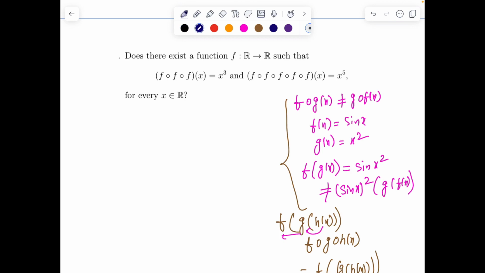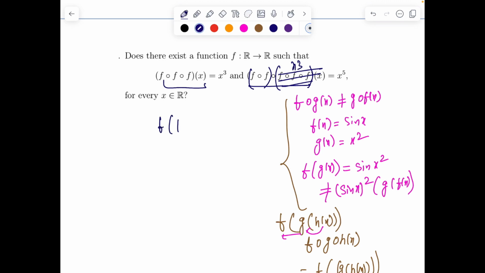So using this associativity rule, what we can do is club f of f 5 times into a partitioning of 2 and 3, right? So what I mean is we can actually club f of f first and then f of this remaining quantity, and since we know that is already x cubed, this entire quantity is nothing but x cubed.